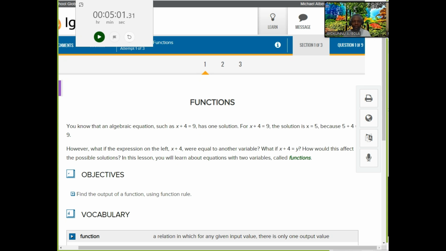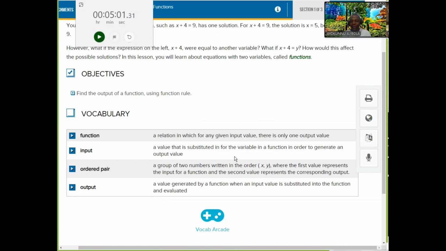So tell me now. Function. A relation in which for any given input value, there is only one output value. Okay, there's only one output value, right? Yeah. Okay, that's correct. I think we'll move on now because you are still going to see it in the question. So when we get there, you will be the one that will answer that aspect, okay? Okay. Good. So let me remove the timer now as we continue.